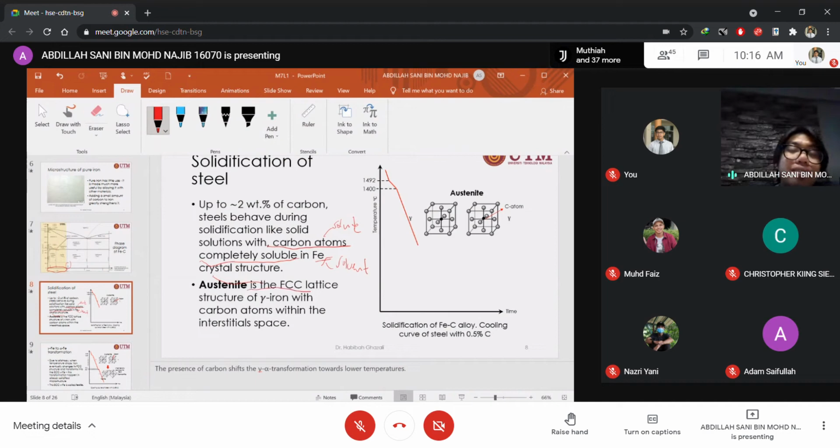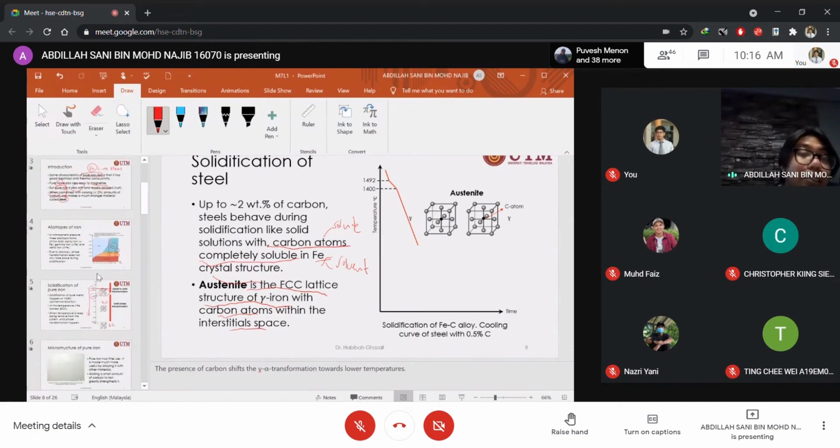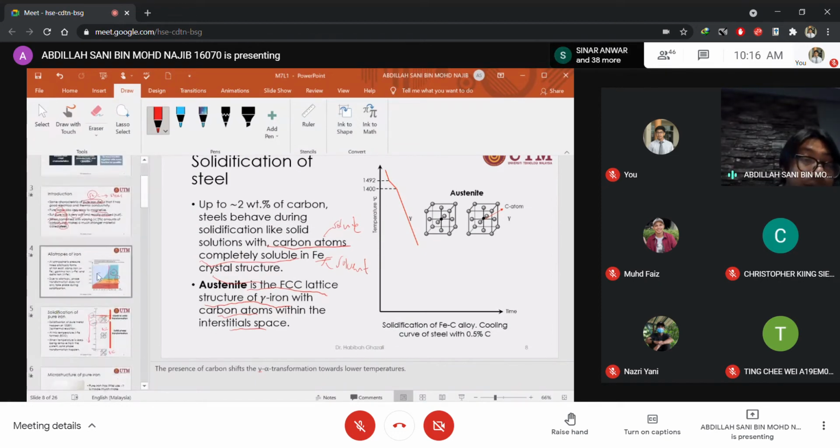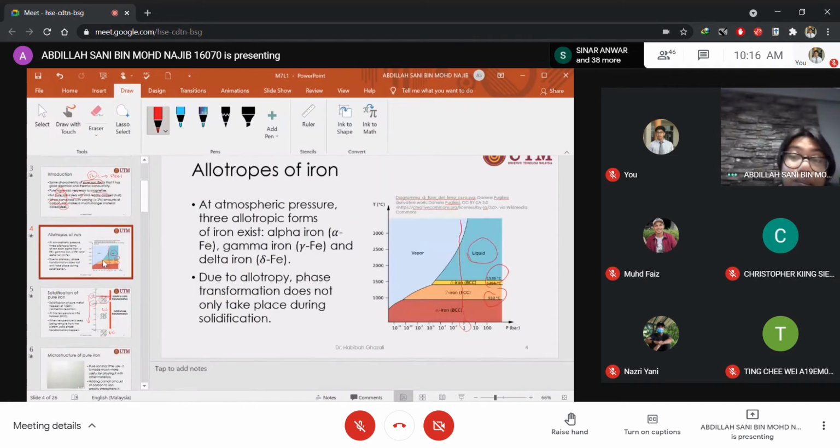Austenite is the FCC lattice structure of gamma iron with carbon atoms within the interstitial space. So what is austenite? We have looked at this already. This is the gamma area, the gamma iron.